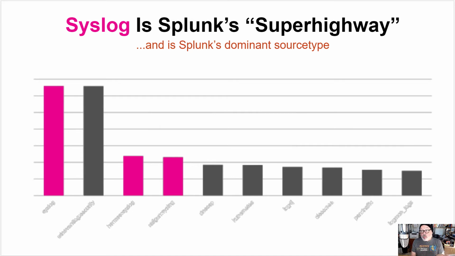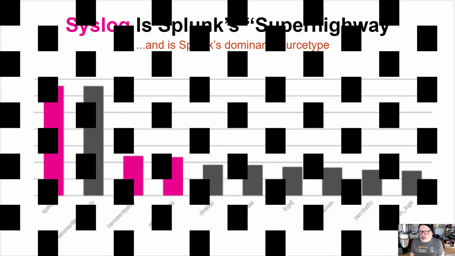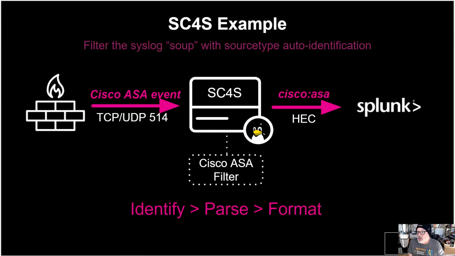If you've worked with WinSec logs before, you understand the over-the-top verbose nature, size, and difficulties with that log type. And Syslog still surpasses WinEvent log security in volume of ingress. SC4S allows the Syslog feeds to be identified, parsed, and formatted, including auto-identification of the format.